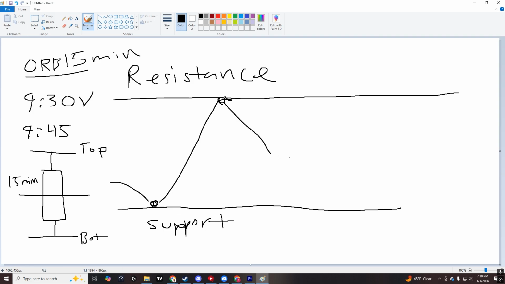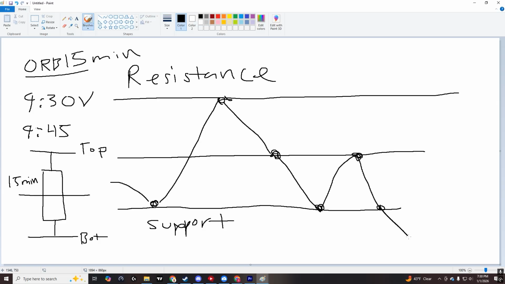And what we would probably see here is the midline of the ORB being tested, and then it respects, bounces up, and goes some more. Or it could bounce down, touch down here at the midline, and then just fall. Or it could bounce off the midline and then out here, consolidate and then go.